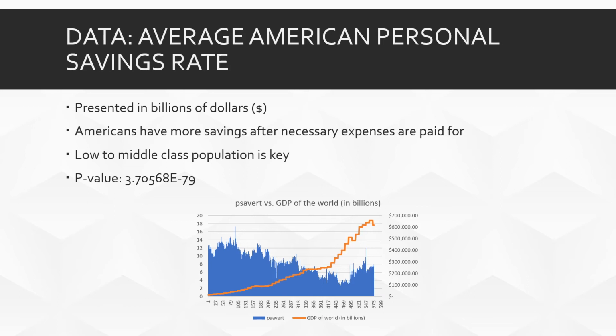So the p-value in this regression analysis for this coefficient is 3.7 multiplied by 10 to the negative 79, that is, a decimal point followed by 79 zeros before getting to the number 37. Therefore, it's safe to say it is also statistically significant.